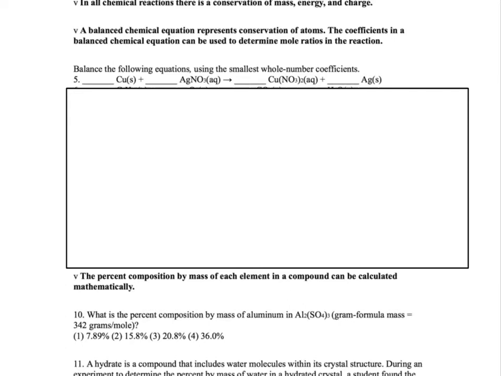So here we have copper, we have silver, then we have a polyatomic ion nitrate. And I notice that my nitrate, NO3, is in its polyatomic form on both sides. Because of that, I'm going to take a shortcut and account for my polyatomic ion as one single unit. I could, however, go and account for it as separate atoms of nitrogen and oxygen.